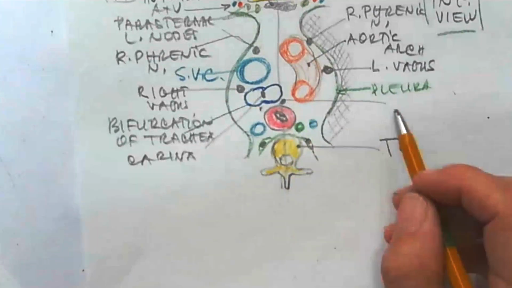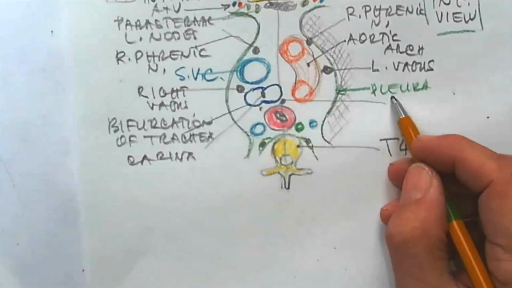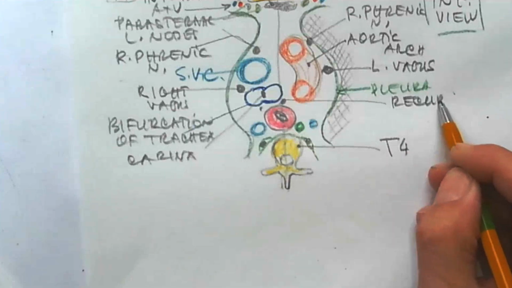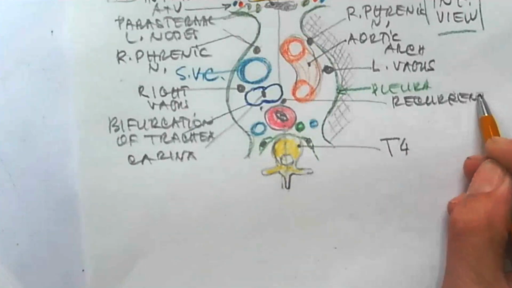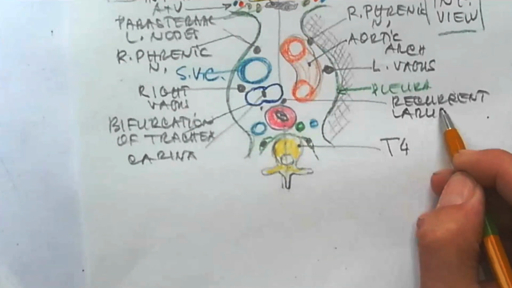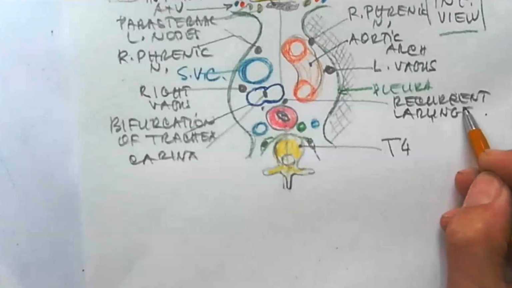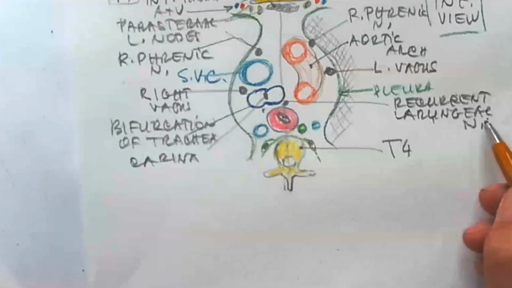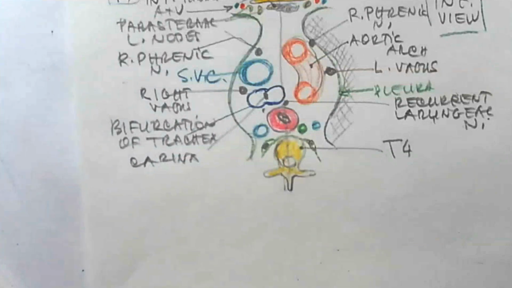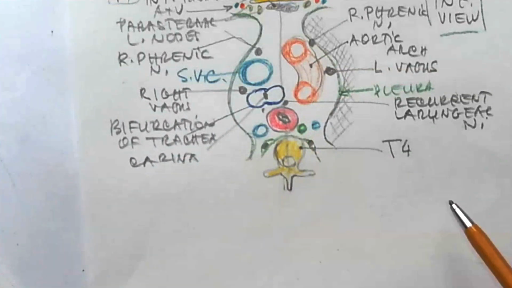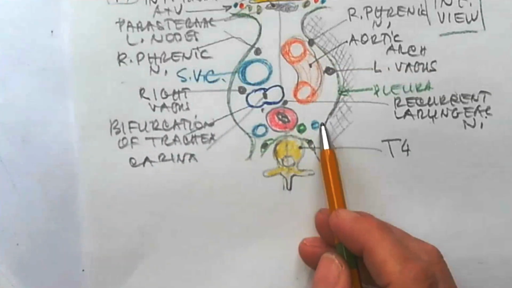And then here we see the recurrent laryngeal nerve. We know that the laryngeal nerve lies between the trachea and esophagus. This is true, and it ascends to the larynx.